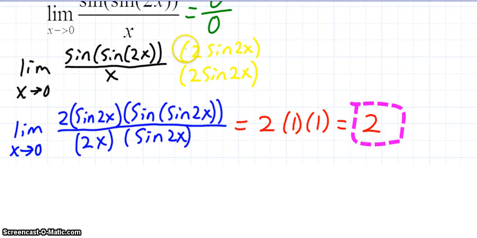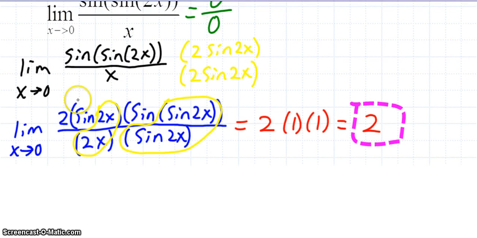is when I distribute how I want to, this 2 times that x became this 2x. Sine of 2x is this sine of 2x. This 2 I just kind of left in front. The sine of 2x in the denominator is this. So now here I'm taking the sine of the same thing on the top that I'm dividing by on the bottom, and here I'm taking the sine of the same thing on top that I'm dividing by on the bottom.